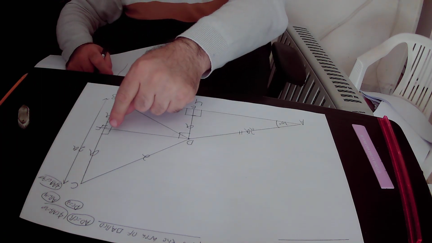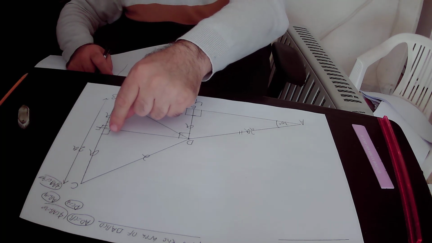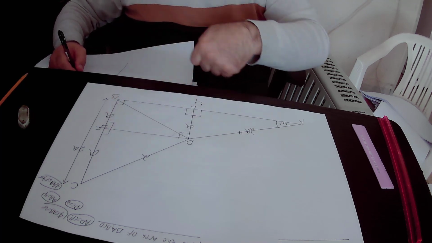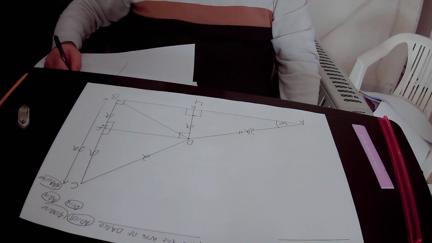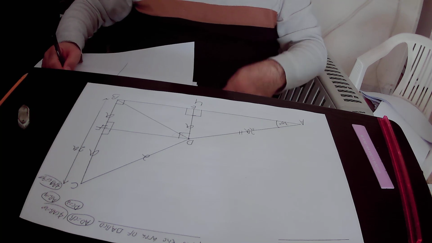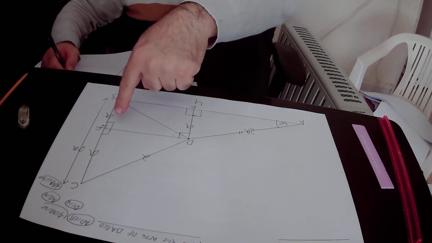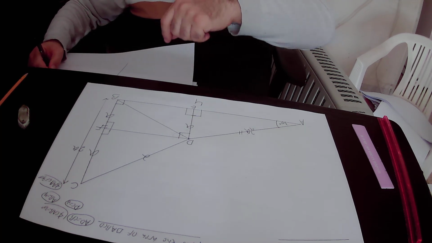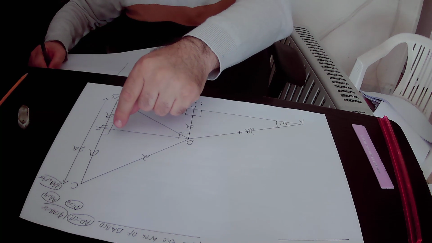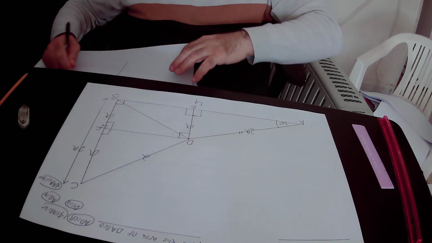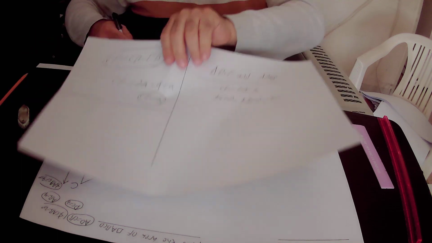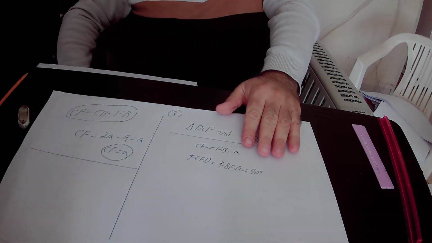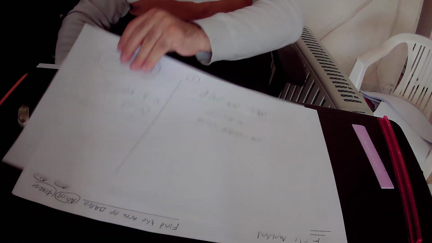We also know that those two angles are equal to each other. They are both right angles. So angle CFD is equal to angle BFD, and they are both right angles, equal to 90 degrees.